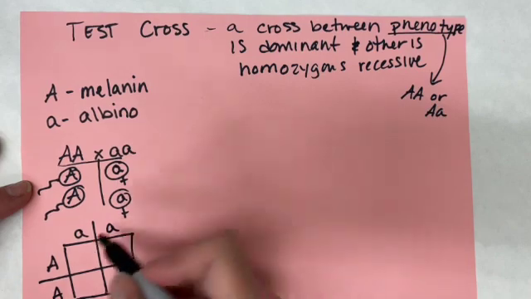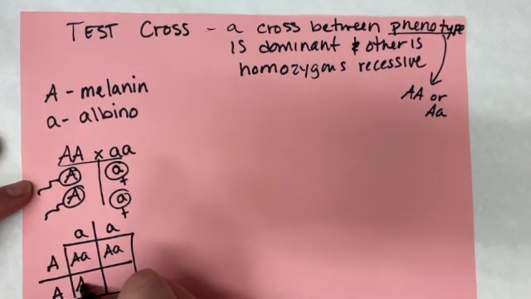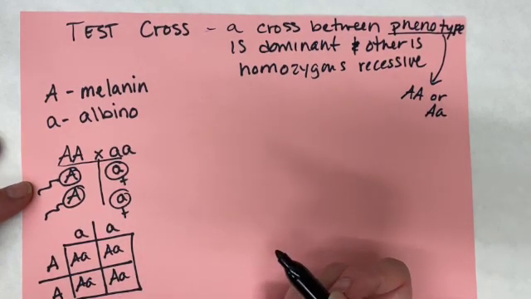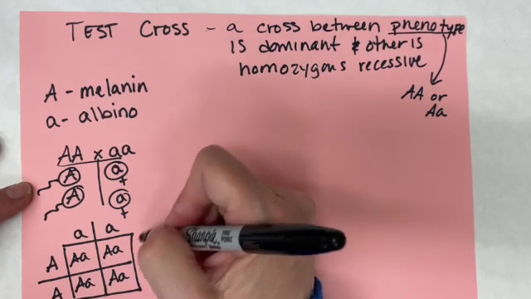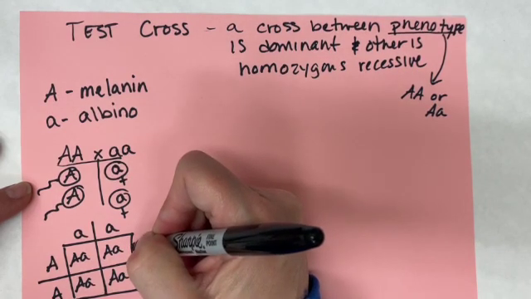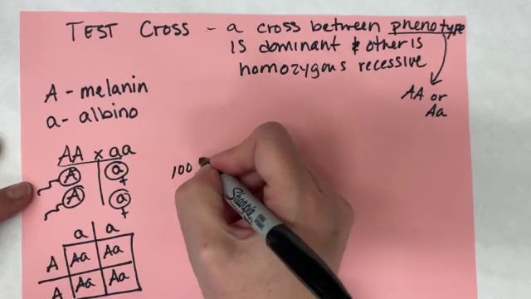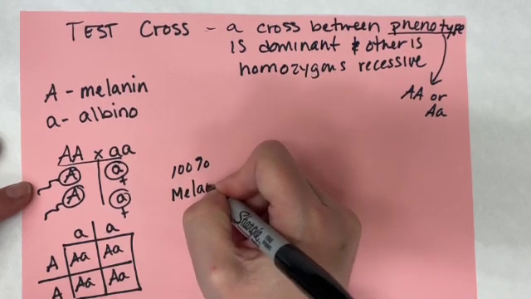And as you can see, every single box in the Punnett square, every single fertilization will result in a heterozygous individual. So we can say that the predicted outcome, because Punnett squares are predictions, is going to be 100% of the children are going to have the ability to make melanin.